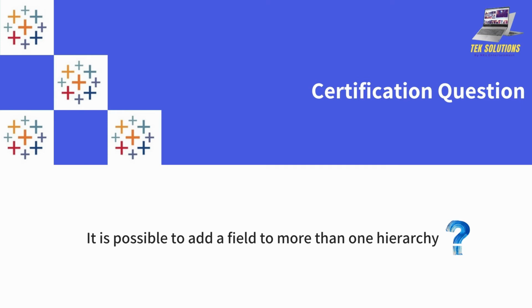What kind of question will there be in a certification exam? There could be a chance that it asks, is it possible to add a field to more than one hierarchy?